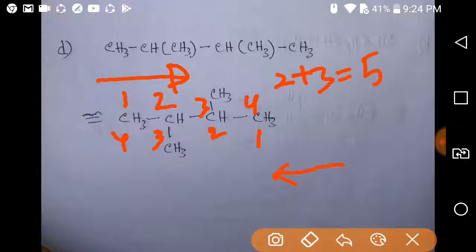If I add, then I will get 5, right? And if I see the position of the methyl groups from right to left, then I will get the methyl group at carbon 2, then at carbon 3, that is 5, right? So I can take both ways to number the carbons in the chain, right?